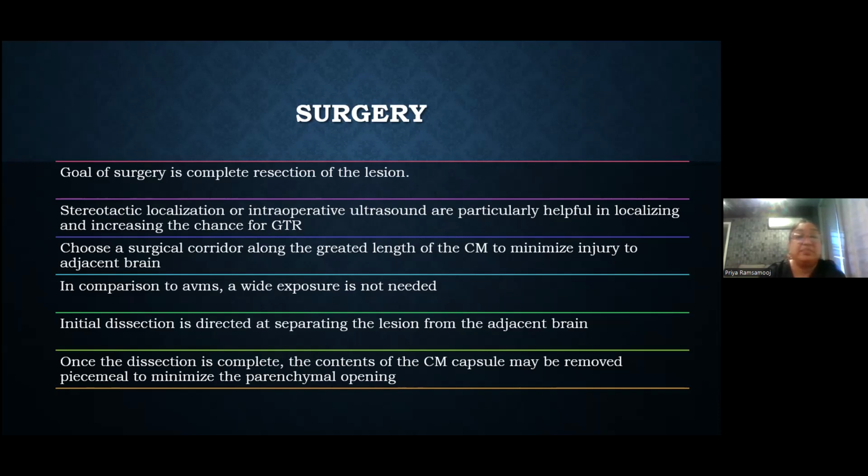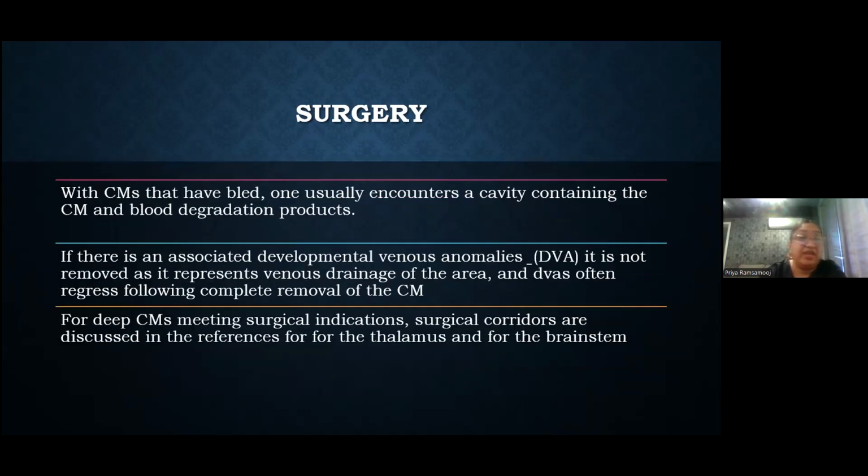Once your dissection is complete, you can remove the contents of the cavernous malformation capsule piecemeal so that you minimize the parenchymal opening, okay? So these are just some of the steps. The other thing is that with CMs that have bled, you usually encounter a cavity containing not just the malformation, but also blood degradation products.